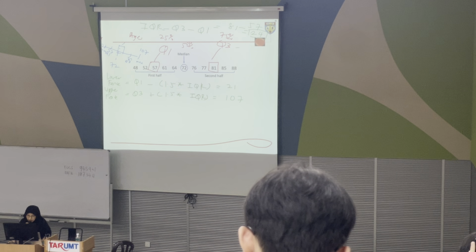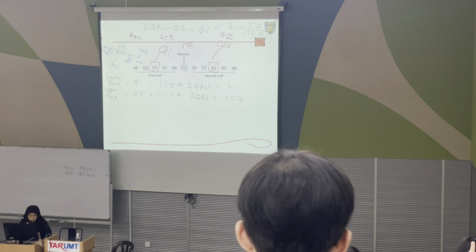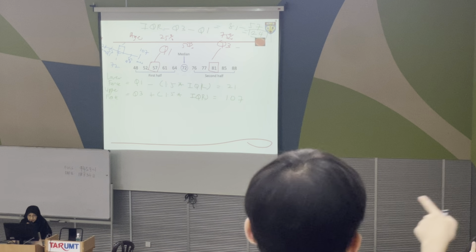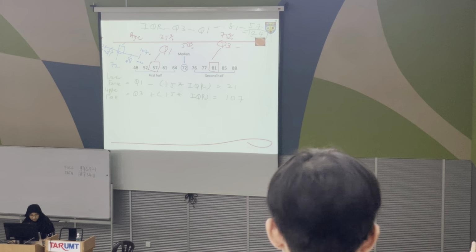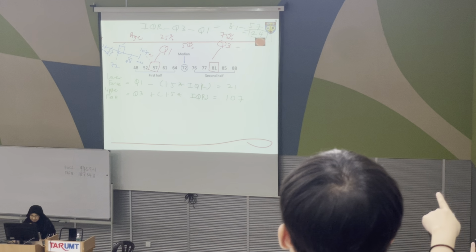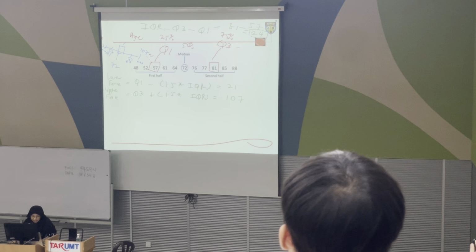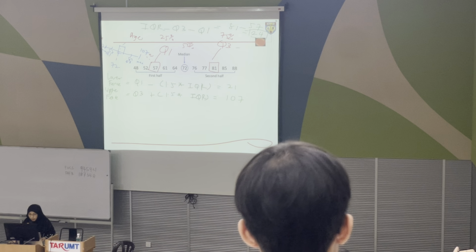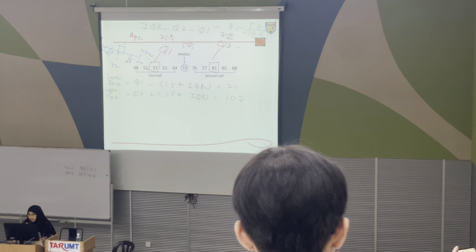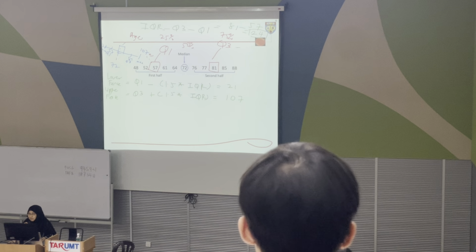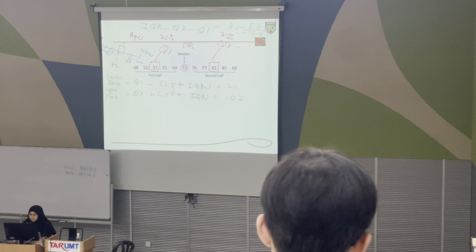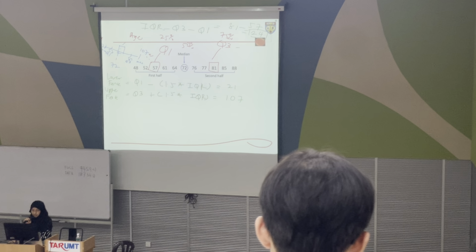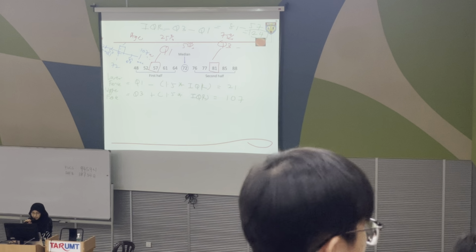Okay, so you draw your box plot nicely. But based on these 11 data points, we don't have any outliers. Okay, and this one we have 11 data points.